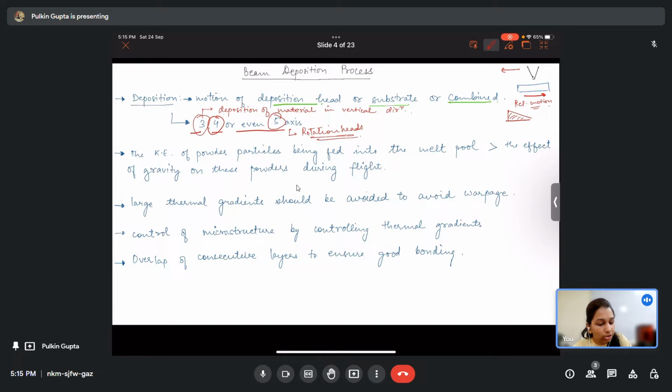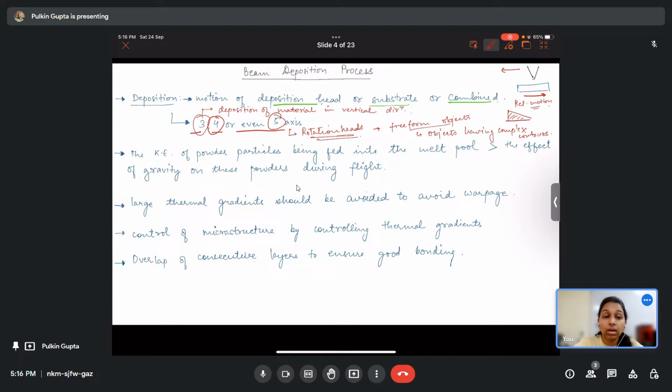And now these rotation heads can help you in the formation of preform objects. Okay, so the objects that are having very complex contours. For example, the contours as they are present in your teeth, or as the contours present in the skulls, like that.